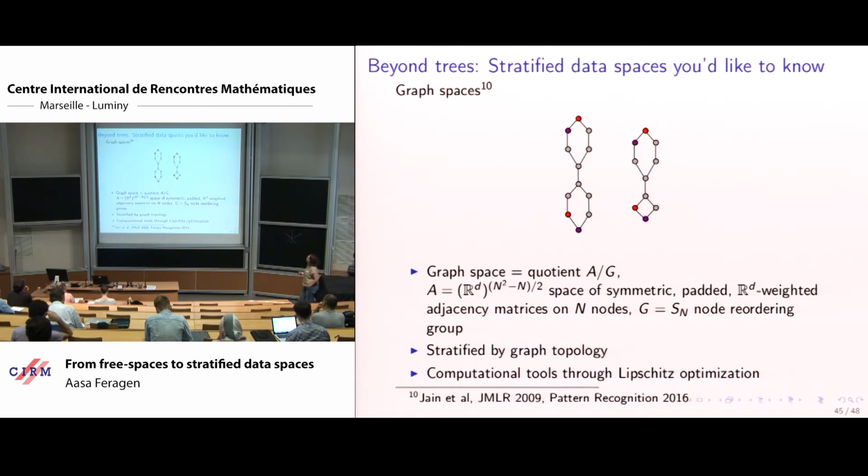And although he doesn't phrase it as such, he also has a stratified set, where you have stratification by graph topology. His computational tools were Lipschitz optimization, which might be something we should also look into for more general stratified spaces. But he was able to prove all kinds of statistical properties for graph spaces.